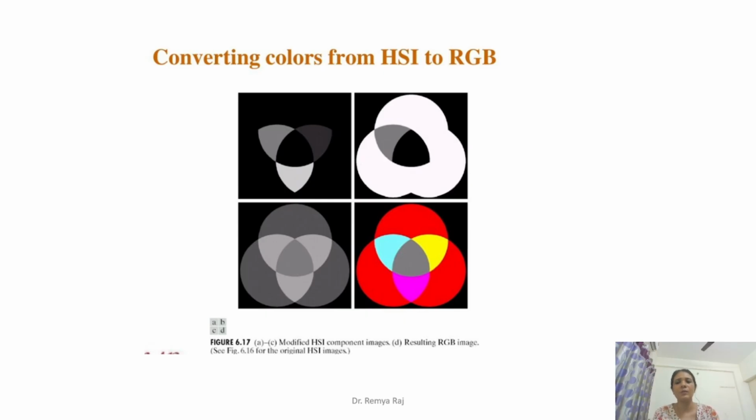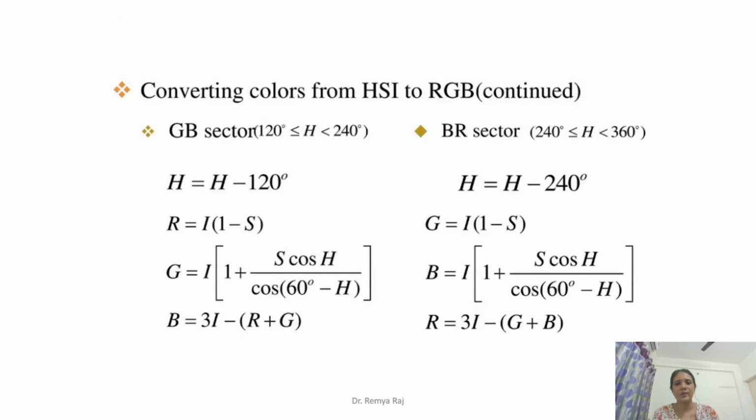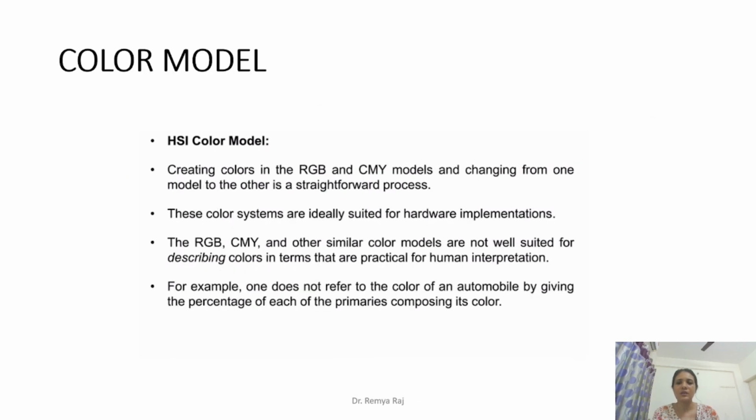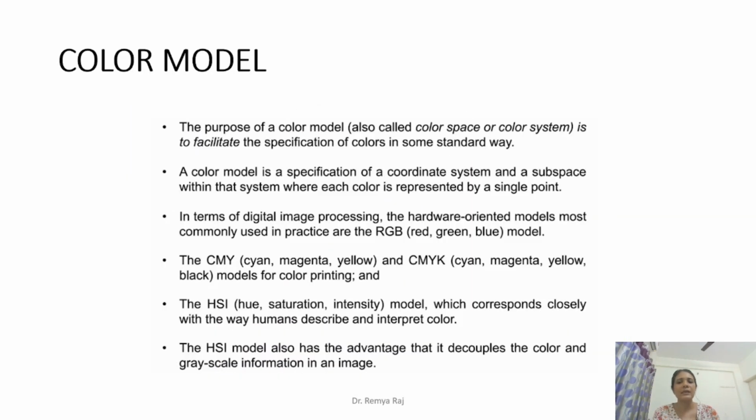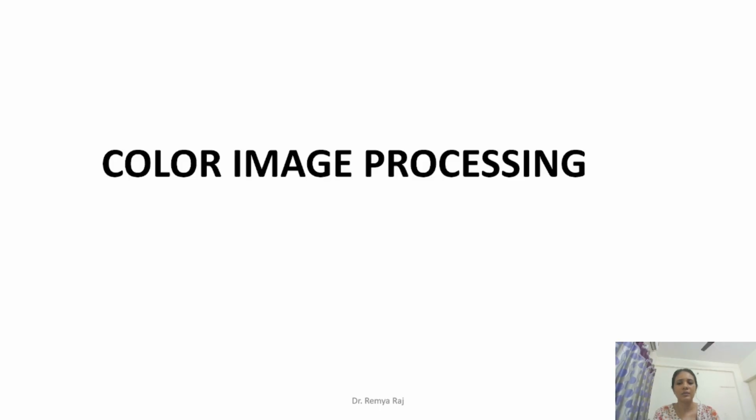So this is all about color image processing. In color image processing, we saw what color image processing is, the different types of color models, the conversion of RGB to CMY and CMY to RGB, and the conversion of HSI to RGB and RGB to HSI color models.